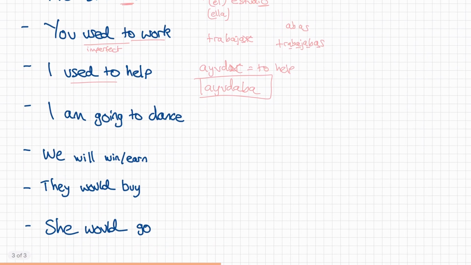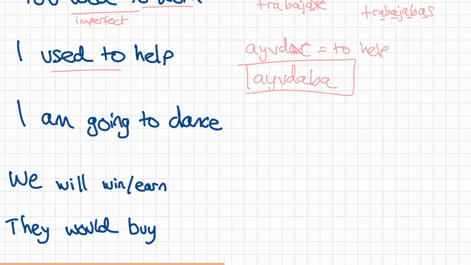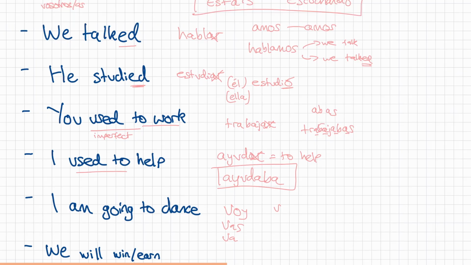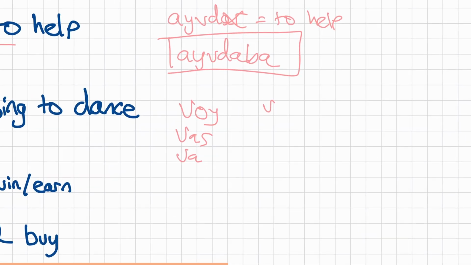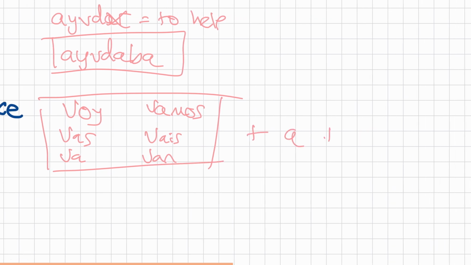Okay, now we move on to another tense, the near future. I am going to dance. The near future uses voy, vas, va, vamos, vais, van, plus a, plus the infinitive.